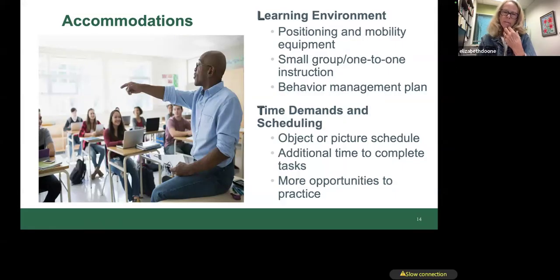We can provide some additional time to complete. But I always want to make sure that we recognize that an accommodation that provides additional time should be given sparingly, because you want to think about this.